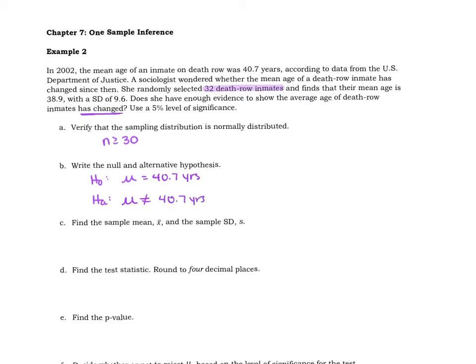All right, the sample mean and the standard deviation, again, should not be hard to find. 38.9 years and standard deviation of 9.6 years. Find the test statistics. So again, this is now going into your calculator and entering all of the necessary information to make that happen.